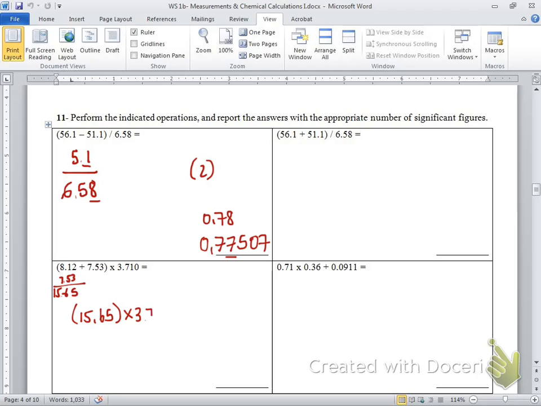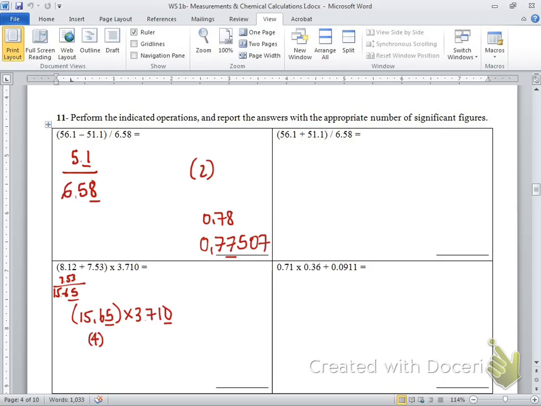Times 3.710. Now, what place do I know this addition to? Hundredths. So even though there's 3 sig figs in each one of these, it comes out to be 4 in total. That's the last known place in the 5 there. So I know this one to 4, and I'll mark that in my calculation.